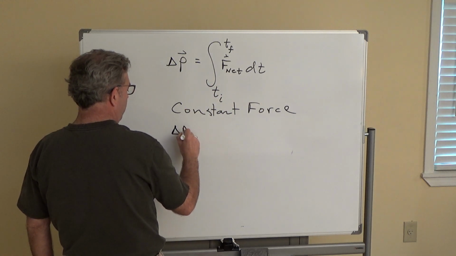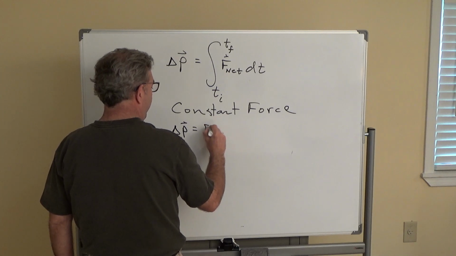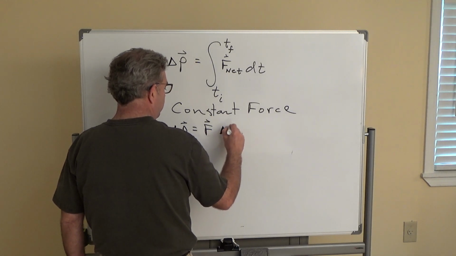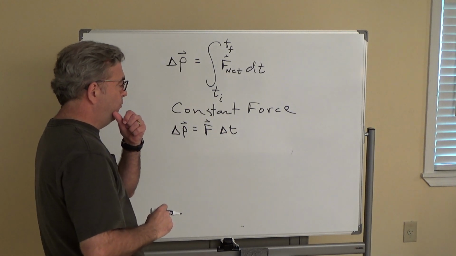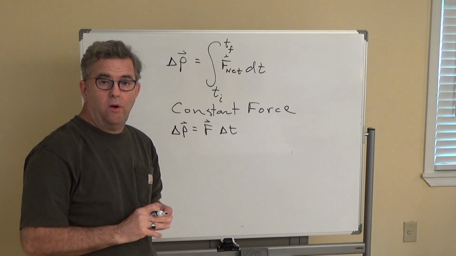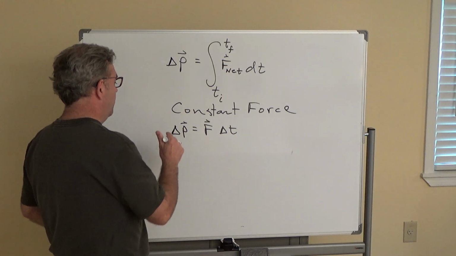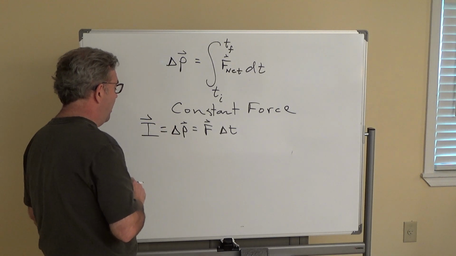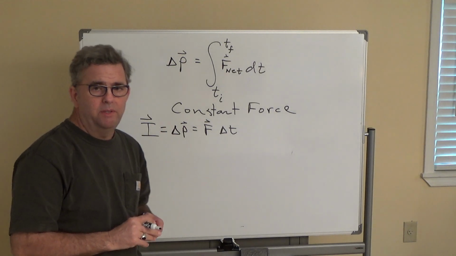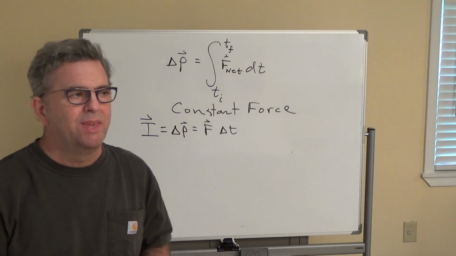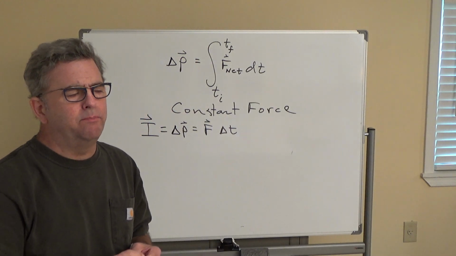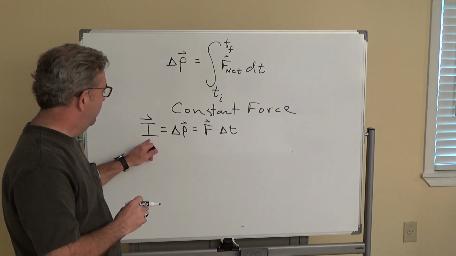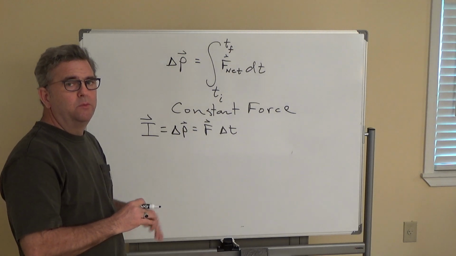Delta p is equal to F delta t. It's the force times the time. We call this the impulse. Some places you'll see it written as a capital I with a vector. Impulse is a vector. I typically won't do that because I is the moment of inertia, which we'll get to later.